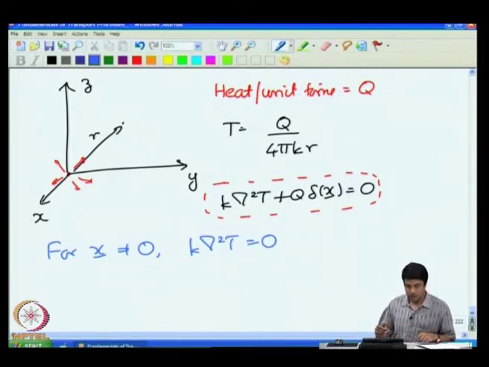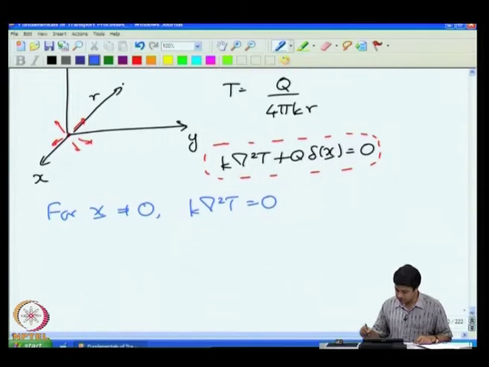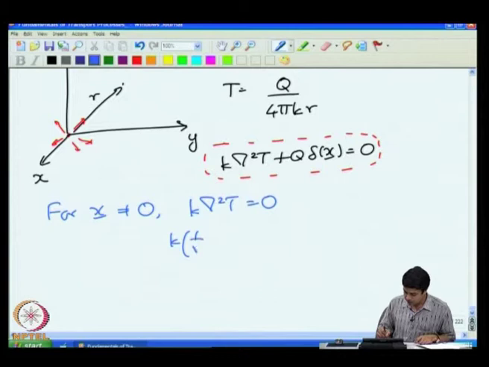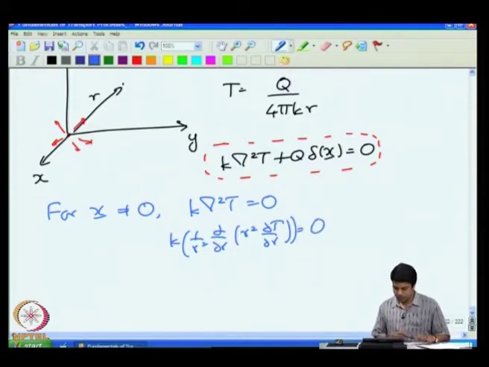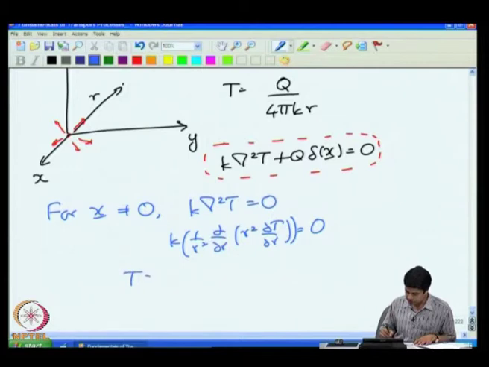The solution in spherical coordinates: note that this is a spherically symmetric system. There is no variation in the theta or phi coordinates. So, for a spherically symmetric system, this can be written as K into 1 by r square d by dr of r square dT by dr is equal to 0. Which means that the solution is of the form T is equal to A by R plus B.